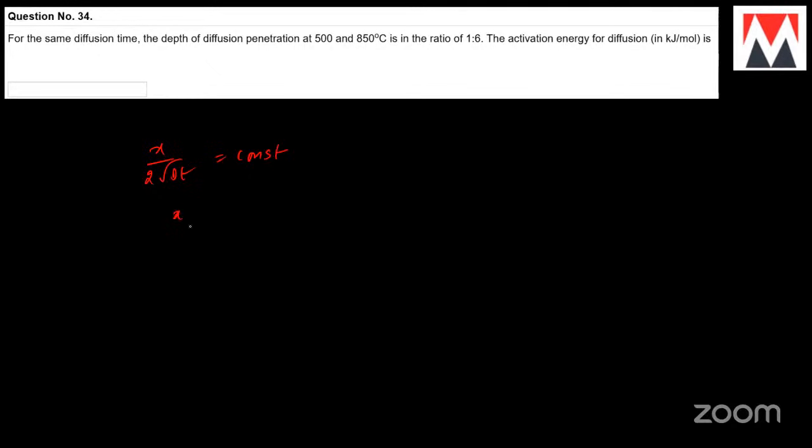So your (x1 by x2) whole square equal to D1 by D2. So it is exponential of minus Q by R into (1 by T1 minus 1 by T2). So it is x1 by x2, it is (1 by 6) square.